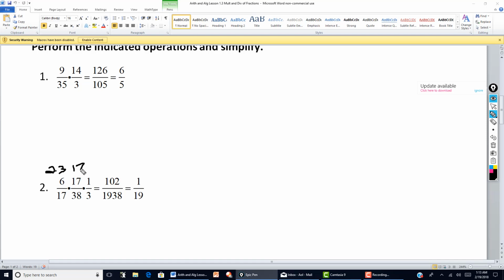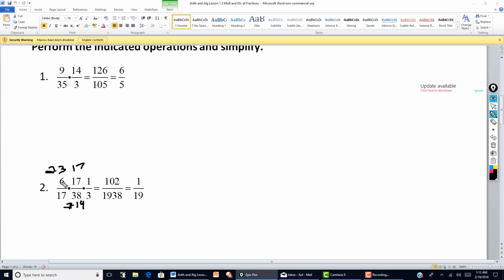Can't factor that anymore. So remember, the 6 is replaced by 2 times 3. The 17, nothing I can do with that one, so I leave it. And the 38, I replace it with 2 times 19. Now we're just working with the prime factors.